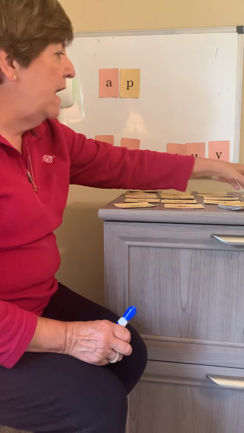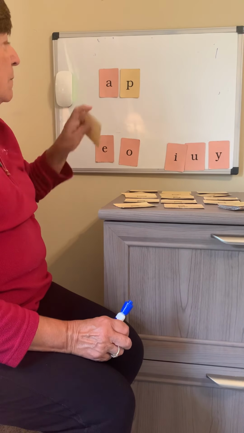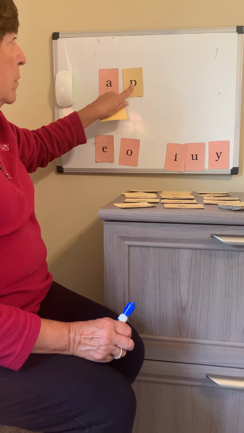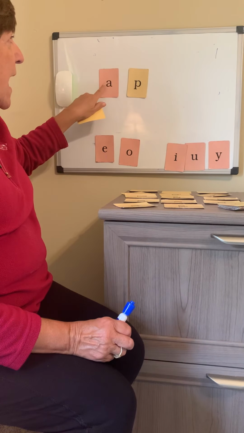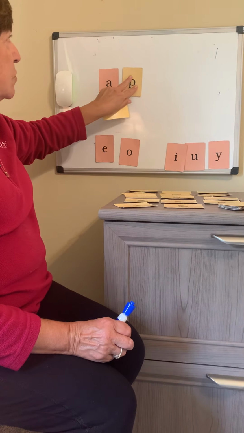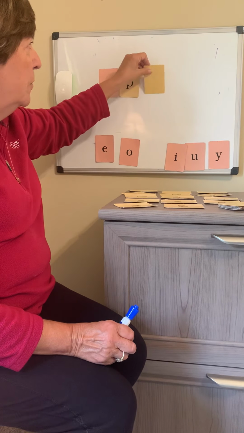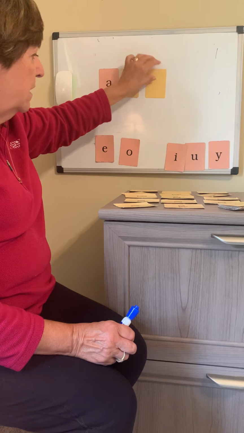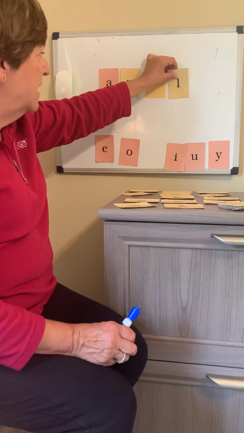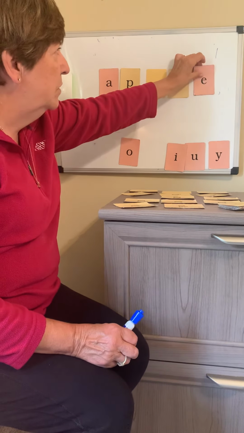Now, we're going to have another P, because if this P went with our LE, it would be a pull. So to keep this ap, I'm going to keep that P and I'm going to double it. This P goes in my consonant LE syllable.